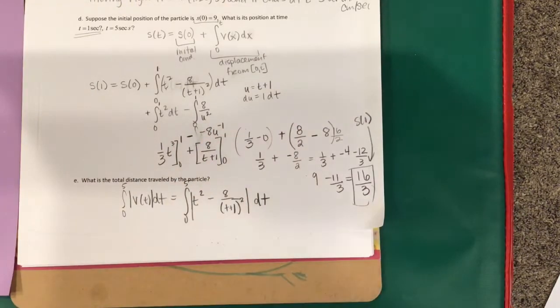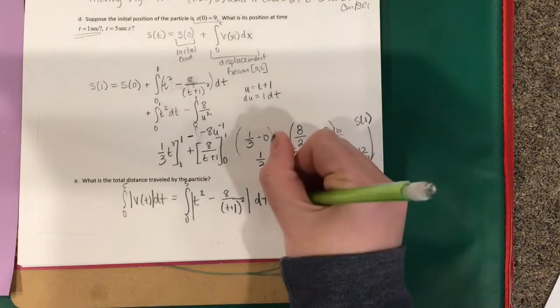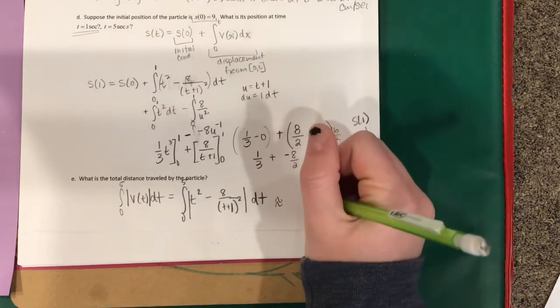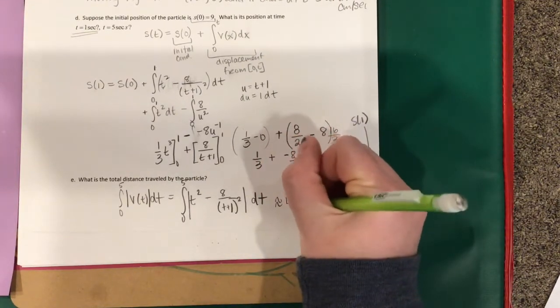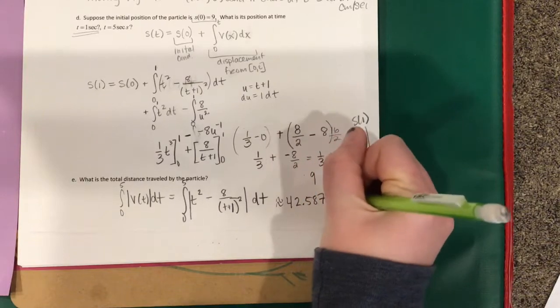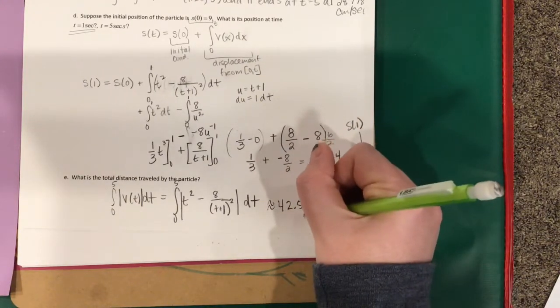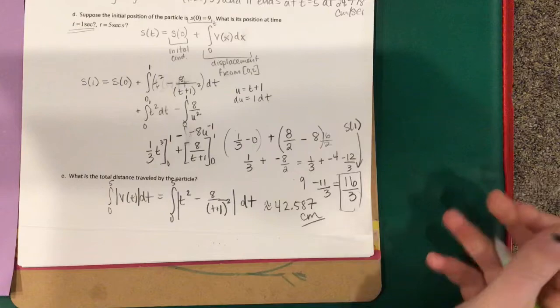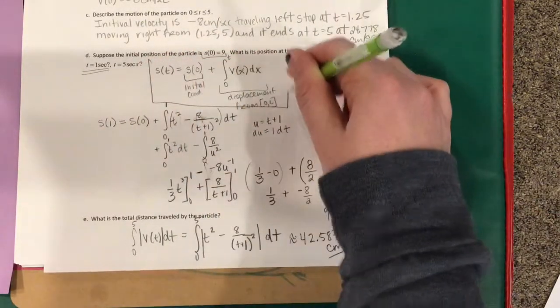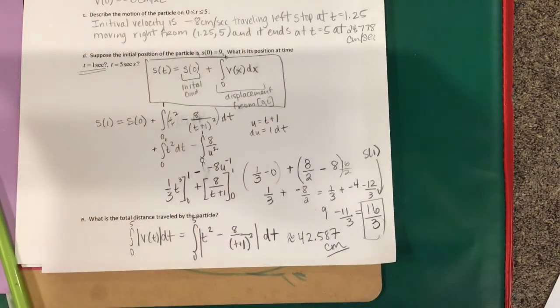And hopefully you guys at this point know how to find that in your calculator. So the approximate total distance traveled would have been 42.587 centimeters. So in this problem, this is the big takeaway for y'all, that you need to know that one.